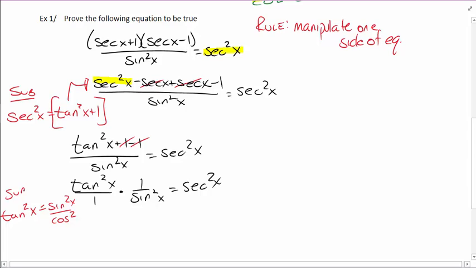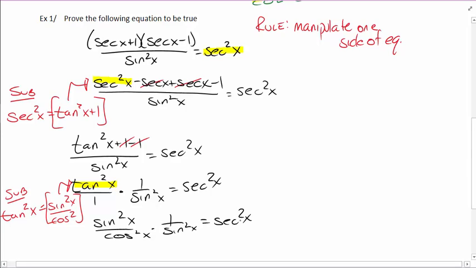And I'm going to sub in again. I'm going to sub sine squared divided by cos squared in for tan squared. So now I have sine squared over cos squared times 1 over sine squared equals secant squared. I can algebraically cancel out the sine squared divided by sine squared to be 1.